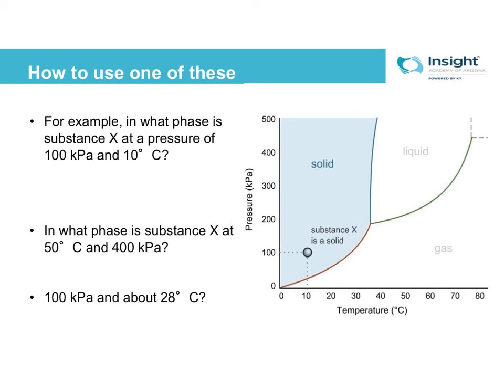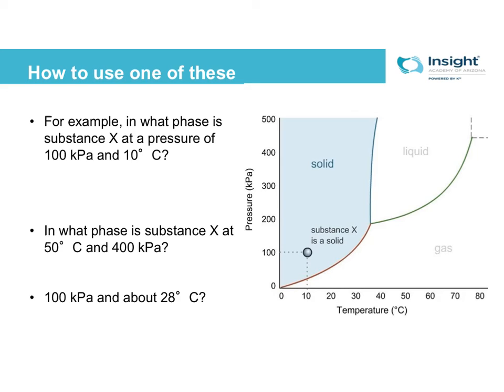So, how to use a phase diagram. You're going to get questions like this. For example, in what phase is substance X at a pressure of 100 kPa and 10 degrees Celsius? You're always going to be given a pressure and a temperature, and you treat it like your x and y value.